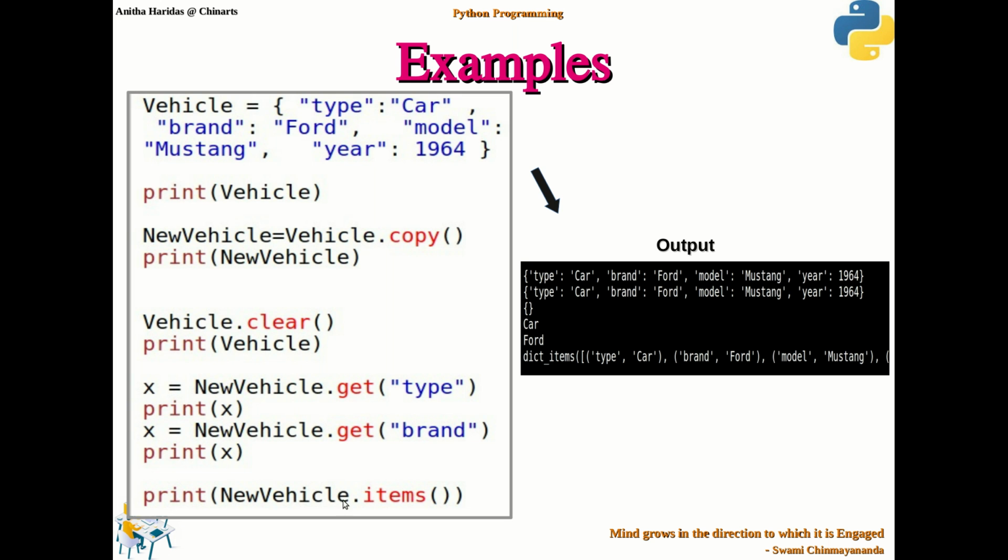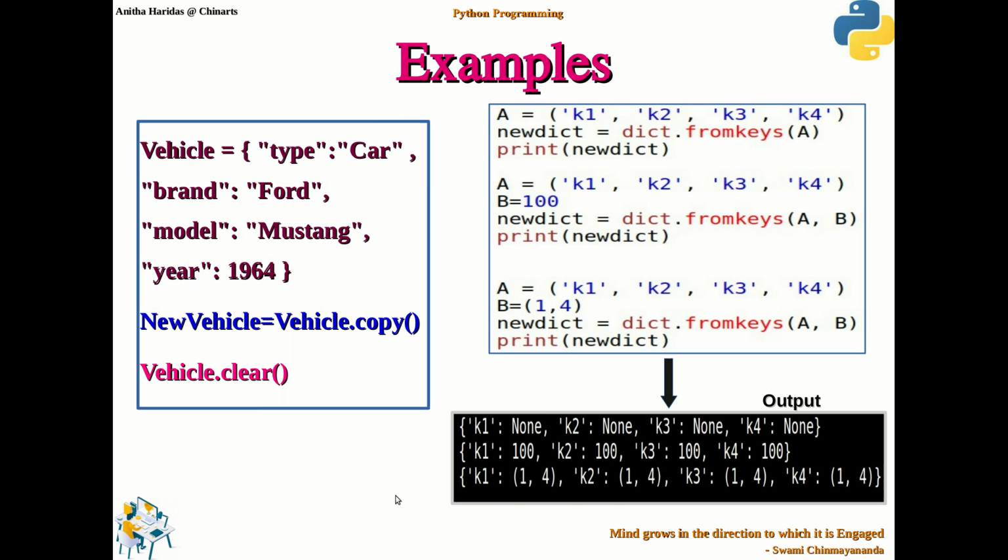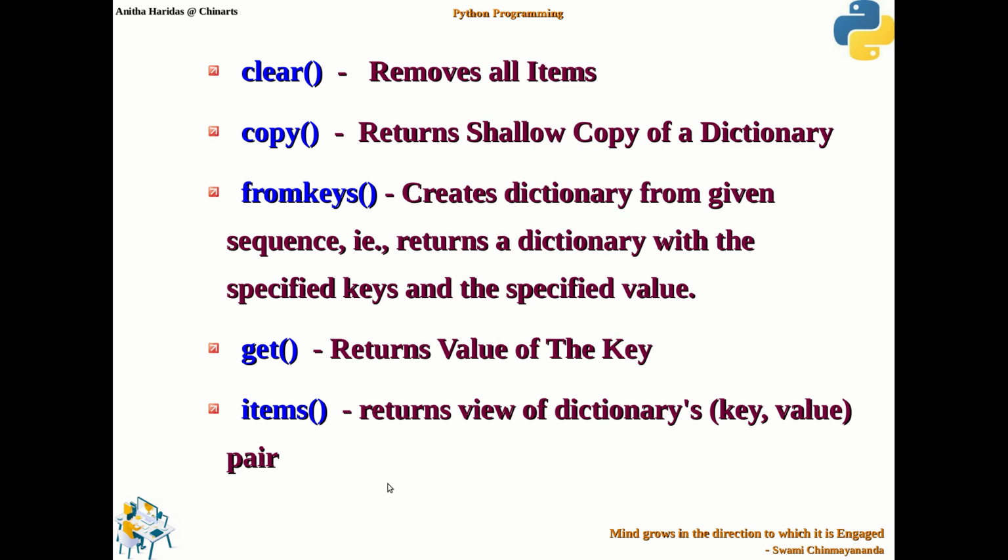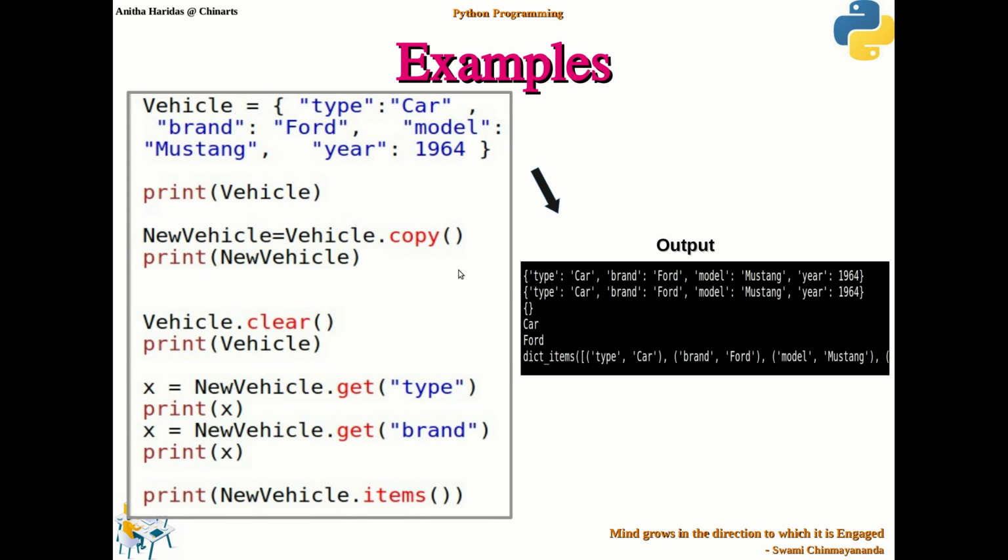And when I tried using the items method, as it is said, it returns a view of the dictionary's key value pairs, right? So it is somewhat similar to printing the dictionary. It gives you all the items, but it shows you in the dictionary format, with a dictionary object.